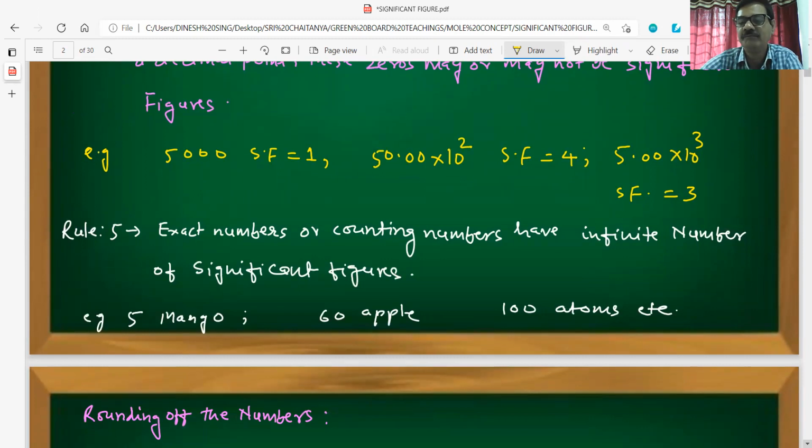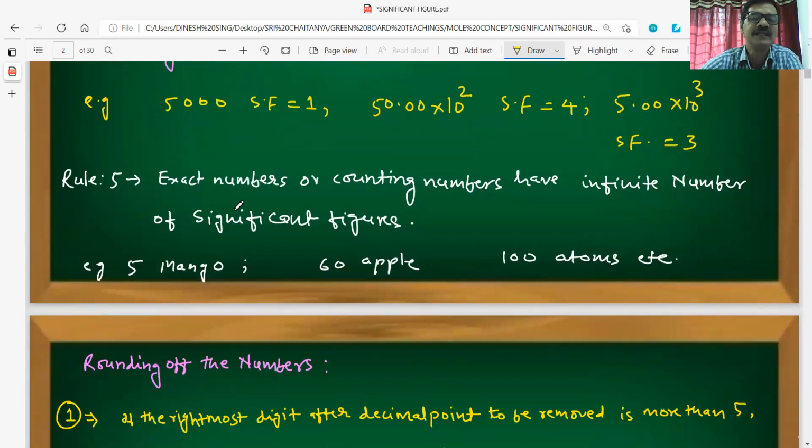Now rule 5. Exact numbers or counting numbers have an infinite number of significant figures, like 5 mangoes, 60 apples, 100 atoms, etc. Because 5 mangoes can be written as 5.0000. After putting one decimal, we can put any number of zeros.